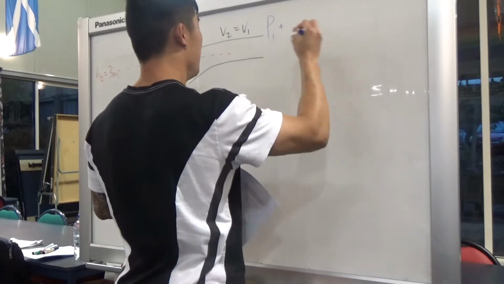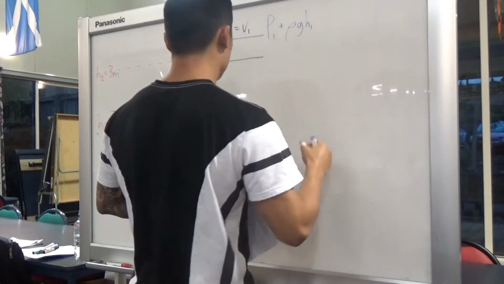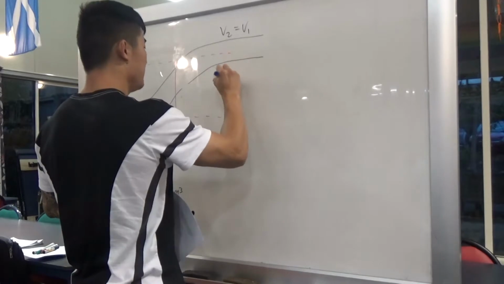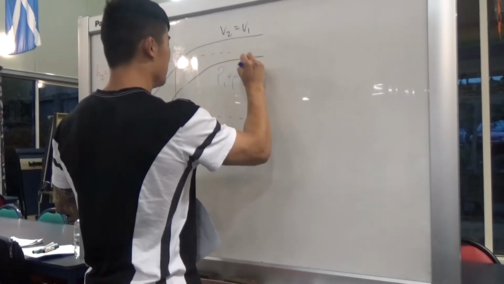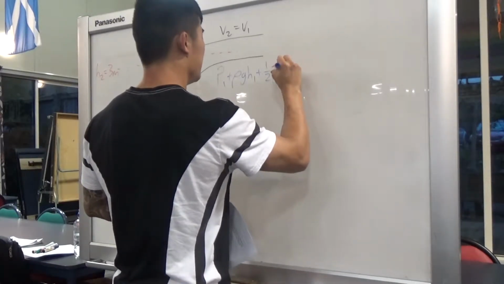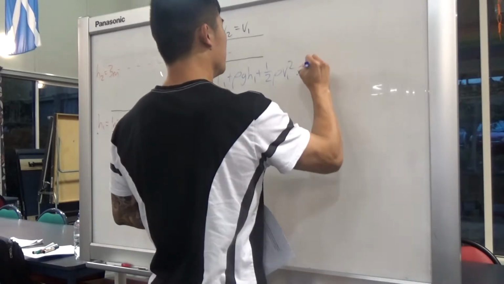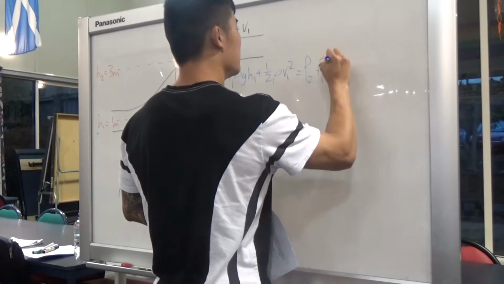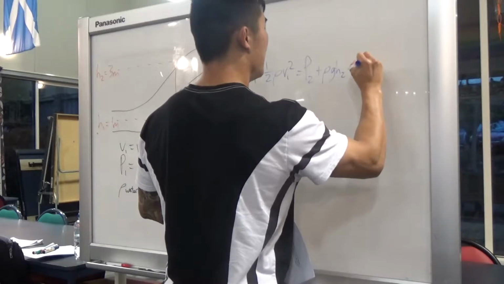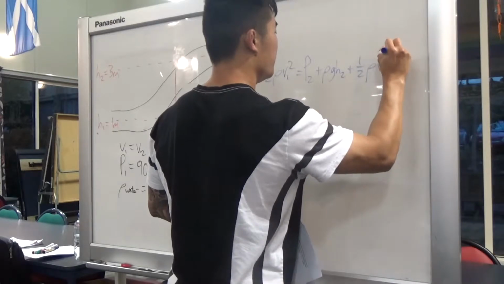P1 plus density times gravity times height 1 plus half density times velocity 1 squared is equal to pressure 2 plus density times gravity times height 2 plus half times density times V2 squared.